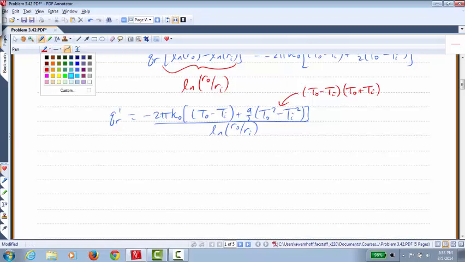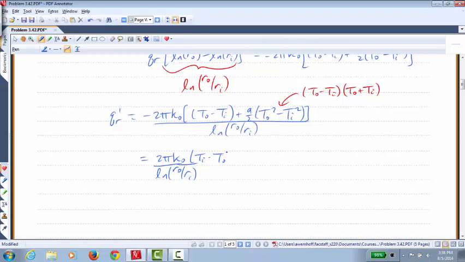So when we do that, this simplifies as 2πK₀ over natural log of R_o over R_i times T_i minus T_o. And then we're going to have this other term here, which is going to be 1 plus a over 2 times (T_o plus T_i).